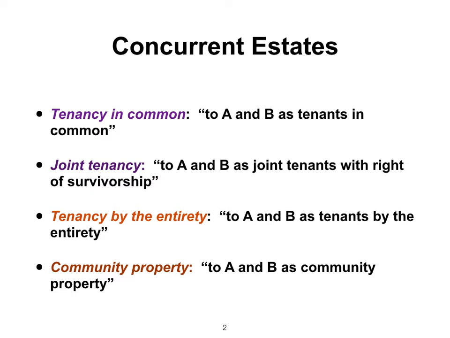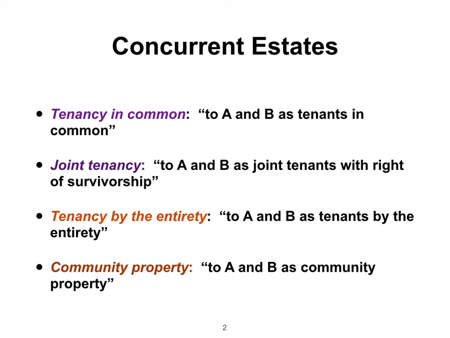So another way to think about it is with a tenancy in common, A and B would have a freely alienable, divisible, descendable interest. So they could devise their interest, they could sell their interest.